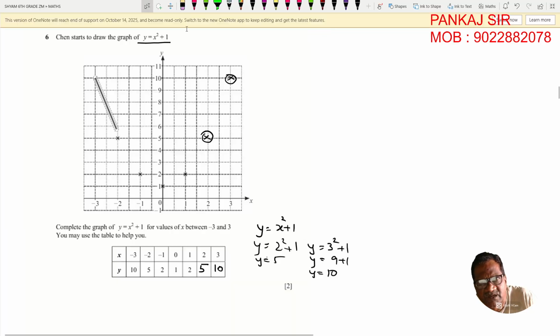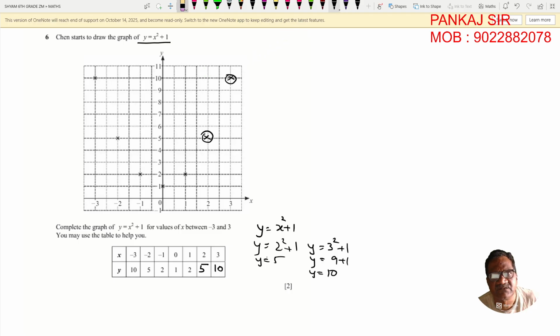Actually, I should not use a straight line. Okay. So let me do it by joining, using my, because I'm using a Wacom tablet.